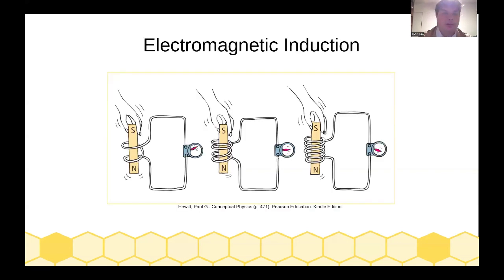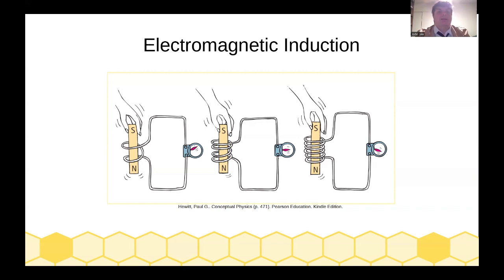When you place a magnet through a loop of wire, it's going to cause there to be a voltage across it, which is going to cause there to be an electric field in turn. So a magnetic field, or a change in the magnetic field going through a coil of wire, is going to cause there to be an electric field, which is going to be important later.